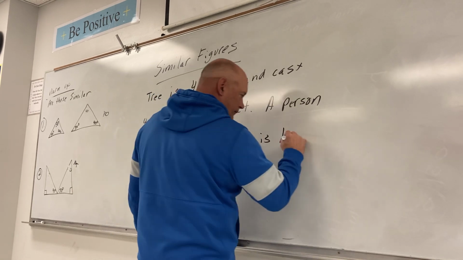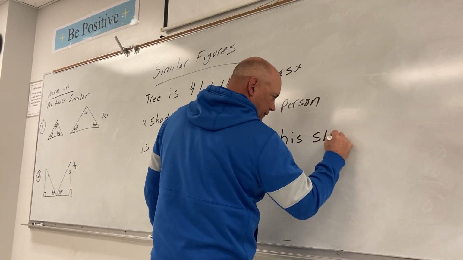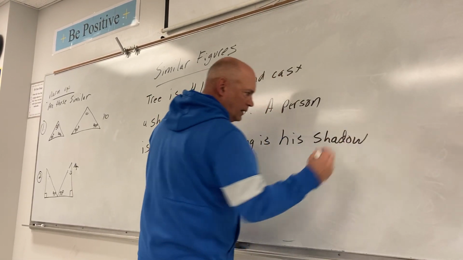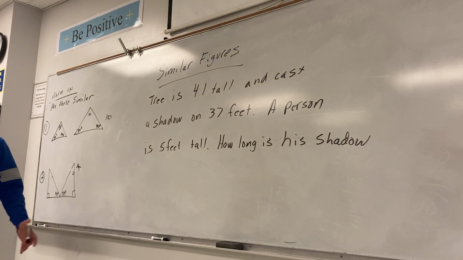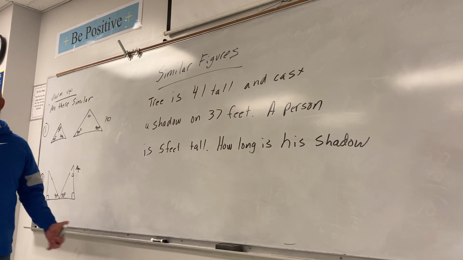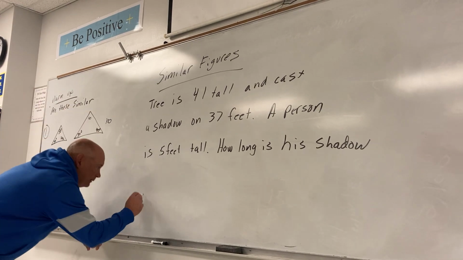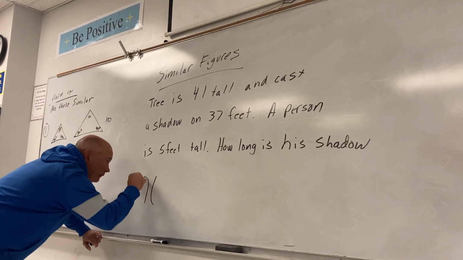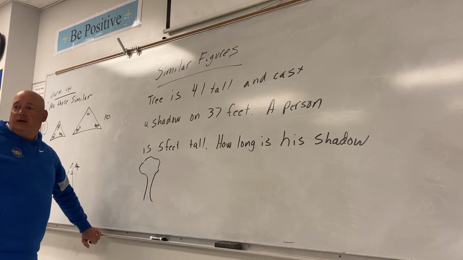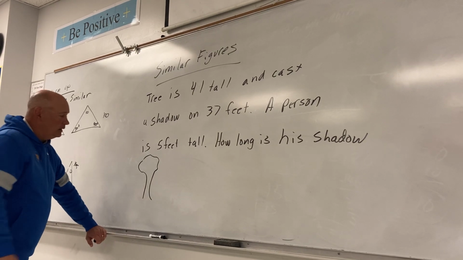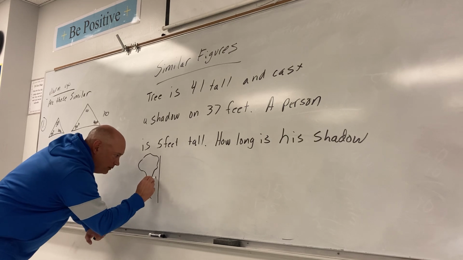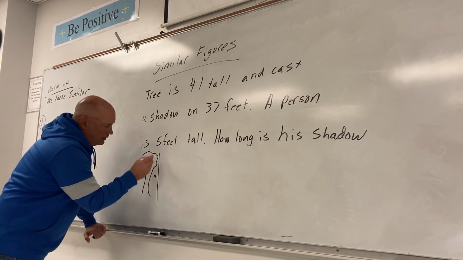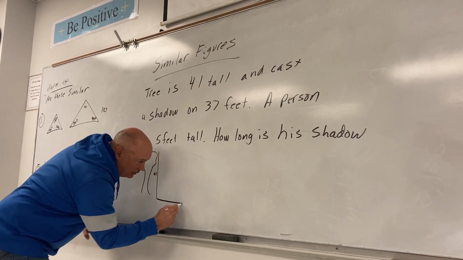The person is 5. All right, so I'm going to draw a picture on this one so you can see where the two triangles are. Are you with me? So we got our tree. Not bad. How tall is my tree? 41 feet. So I'm going to put a little 41 here. The tree cast a shadow on the ground.